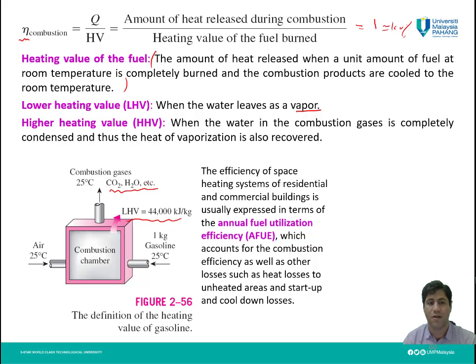This is because one of the products of the combustion is H2O, or water. If this water leaves in the vapor phase, then we have the lower heating value. The energy which is released, we call that the lower heating value.